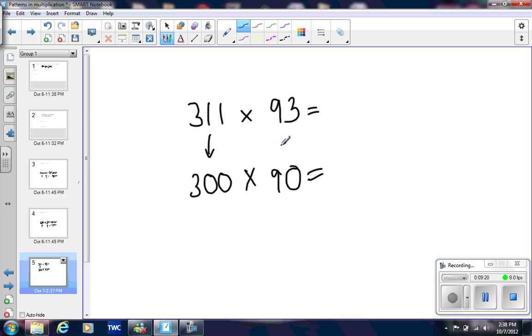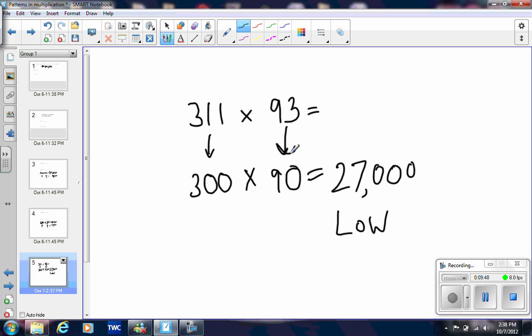Down from 93 down to 90. And 3 times 9 is 27 then. And again with 1, 2, 3 zeros behind it. Okay, so this is actually a low estimate. When I look at my real answer, it should be a number that is higher than 27,000. So I can use that to see if my answer makes sense.